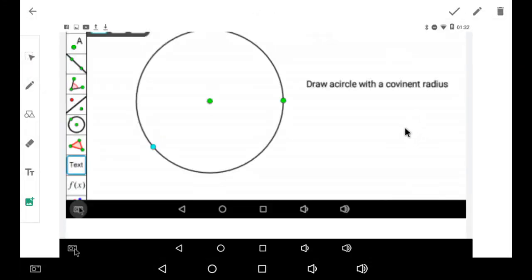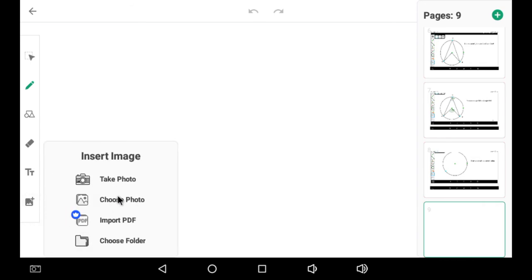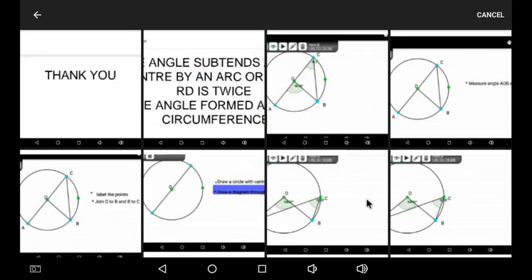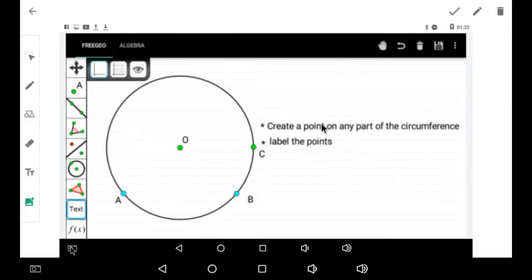Okay, we draw another circle with a convenient radius. We'll label the points as you can see on the diagram: the center and three other points on the circumference.